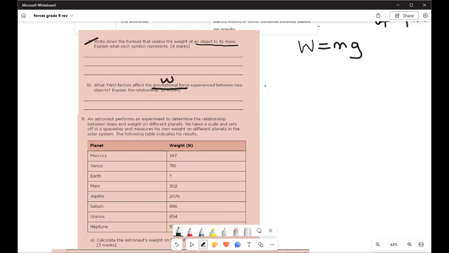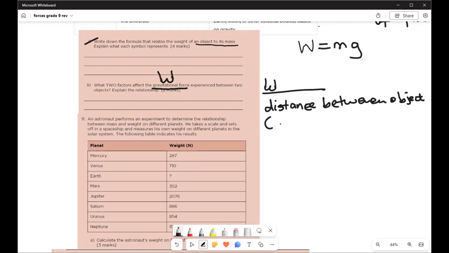So weight is affected by 2 factors. The first one is the distance between objects, right? And then they say we must explain.